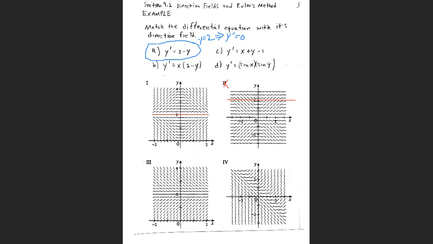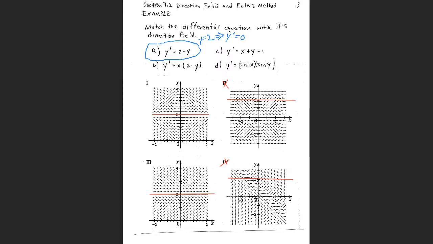Is three a possibility? Yep, it's a possibility. What about four? No. So that means for choice A, it's going to be either one or three, but it can't be both.